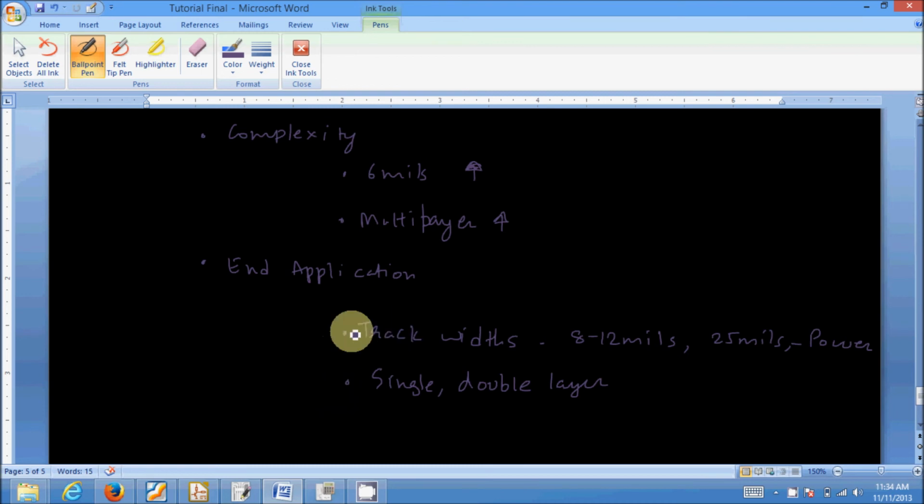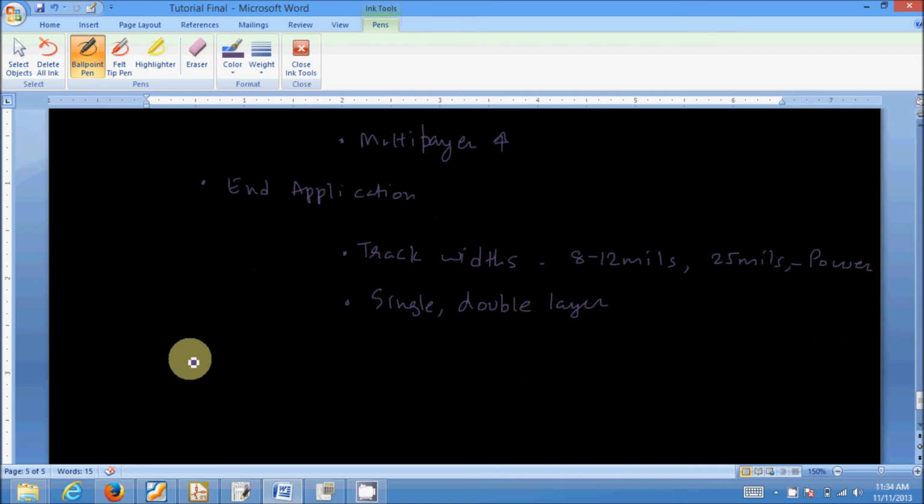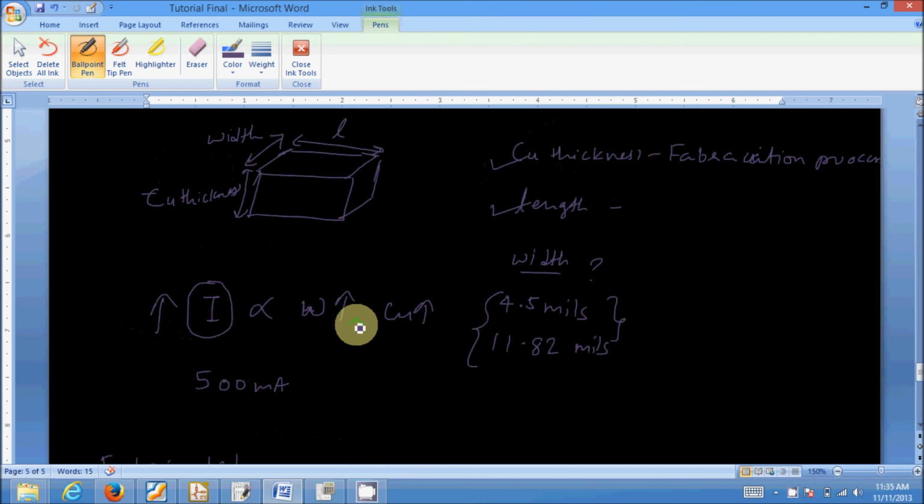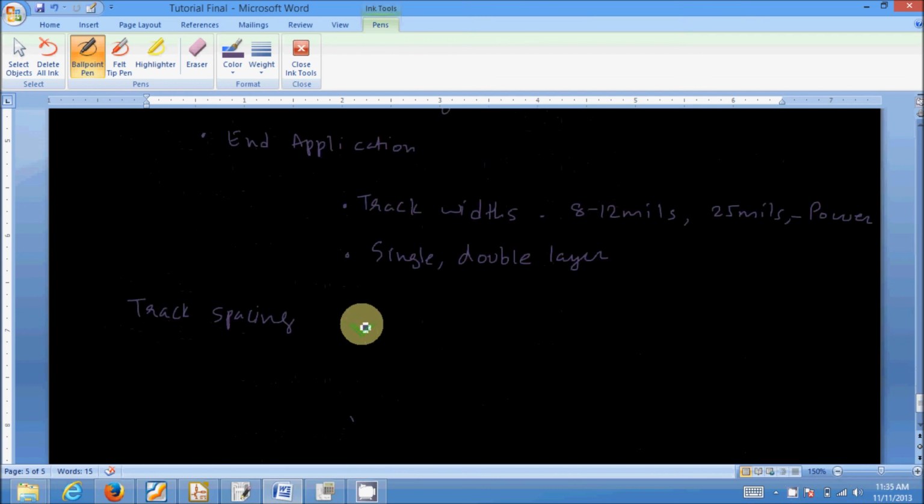Now having said that, apart from the track widths, there is one more important parameter, which is spacing or track spacing. Track spacing determines the space that is required to be maintained between tracks and between components. So these are the two important parameters. One is the track width, and the other is the spacing between tracks.